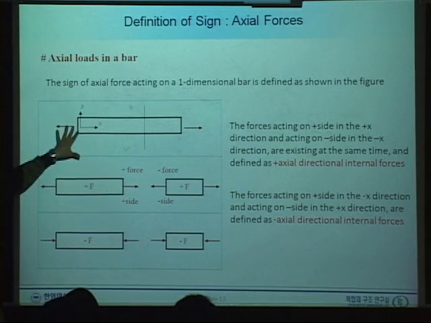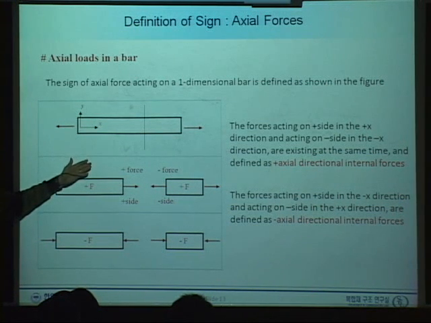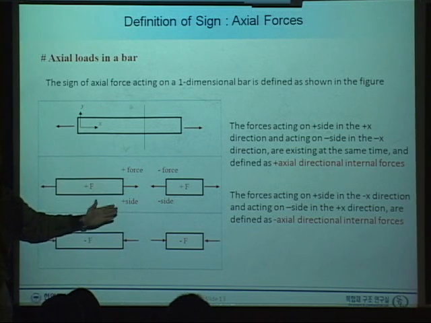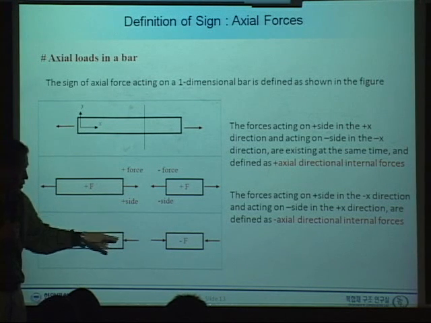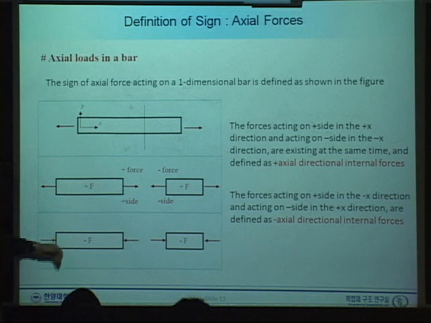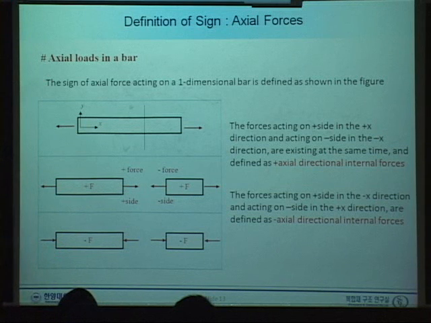So the compressive force, which we call minus force, will have different signs. Area and force will have different signs: plus area and minus force, minus area and plus force, and so on. That was the sign convention for the case of axial force.